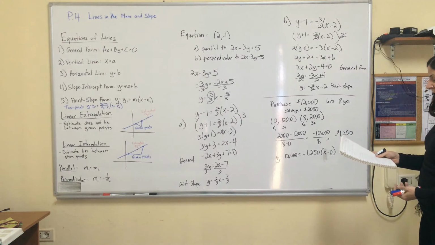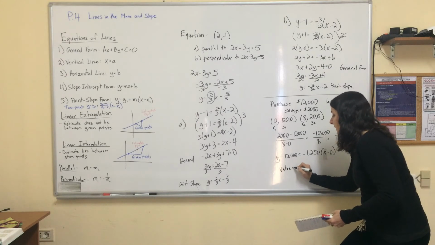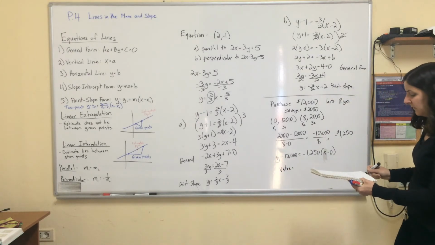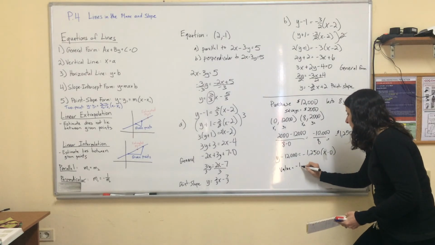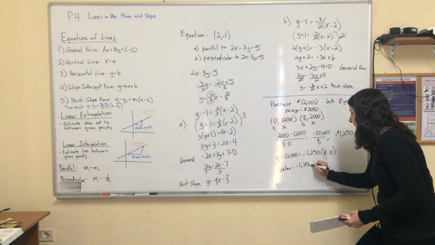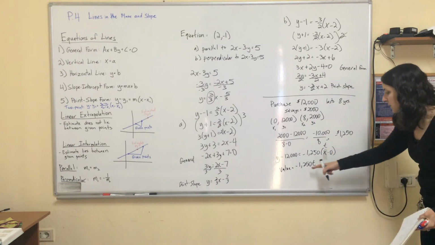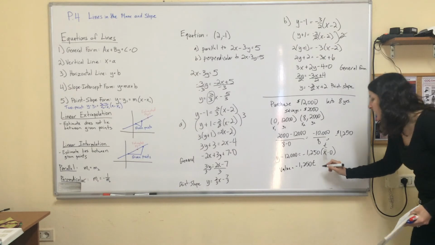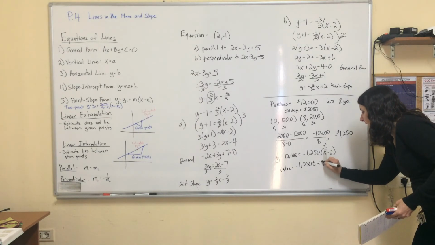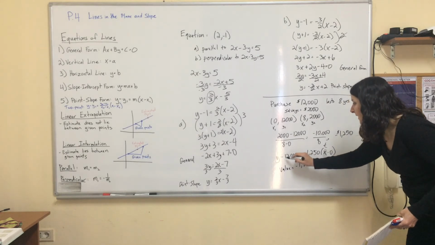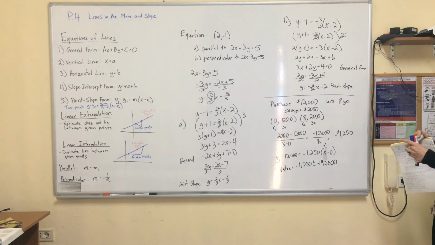So the value then would equal, because that's what we're looking for, y is the value. The value is going to equal, if we move this all to the other side, negative $1,250 times t. Instead of x, I'm just going to put a t to show the time, how many years have passed, plus $12,000. So this, I just moved it to the other side to show that that's going to be added to it.